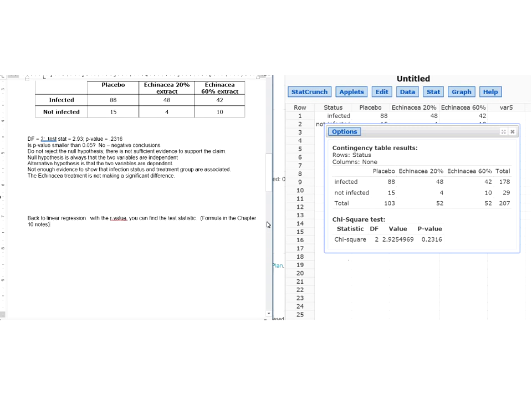So if you're just given the R value and it wants to know whether there's evidence of a linear relationship, then you'd want to find the test statistic. From the test statistic, you can find the p-value and make that determination. So once you have the test statistic with that formula, then you would find the p-value. And to do this, this also is in the Chapter 10 notes.